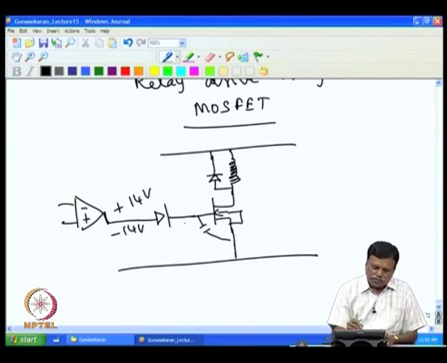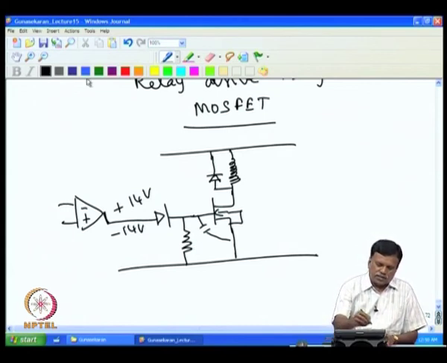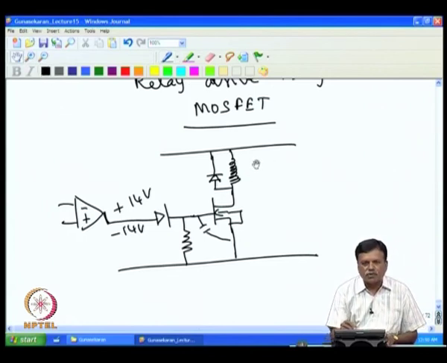So, we have to provide a path for the MOSFET to go off. So, we have to give one resistance here, because we are not bothered about the switching speed, since we are switching the relay only once in a while, once in a few seconds or once in a minute. So, the switching time can be a few milliseconds, which is not a problem.